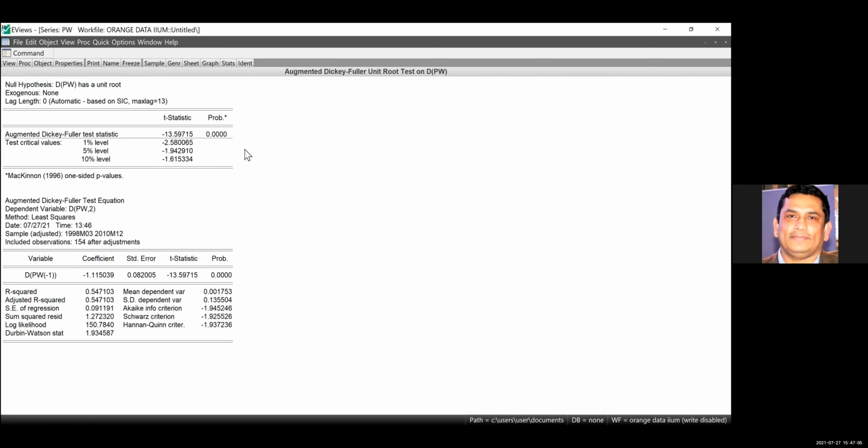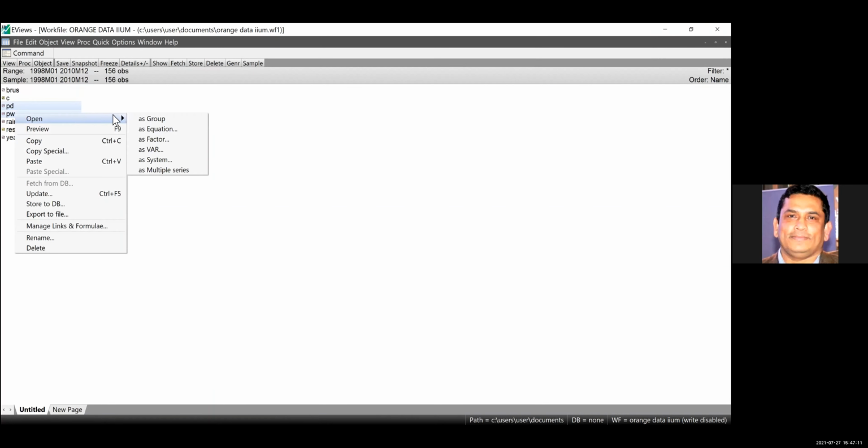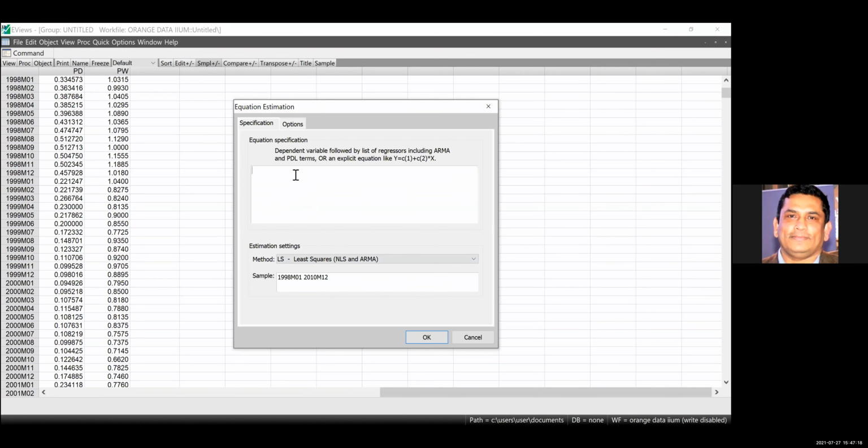So either we can use simple OLS, for example, this group, and then estimate the equation, least squares, PD on PW, save the residual, and play with these residuals.